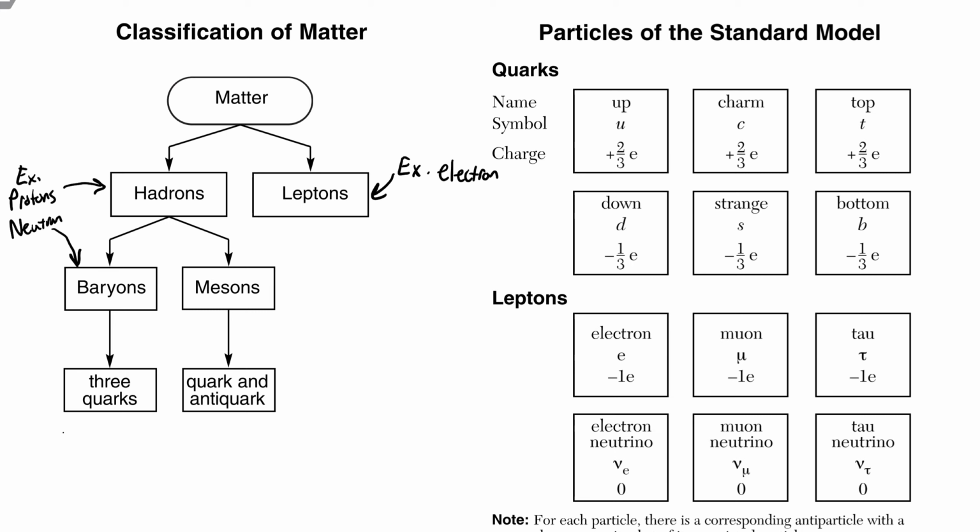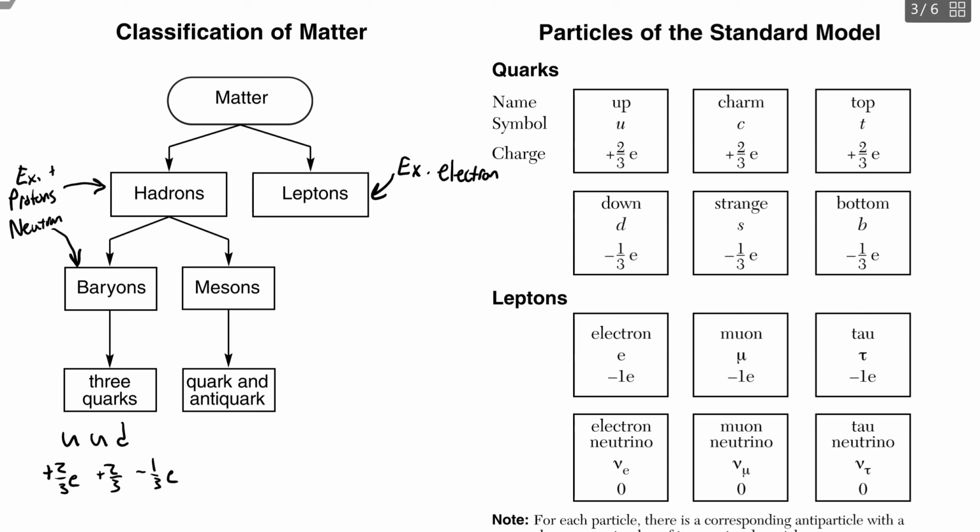So if you had an up, up, and a down quark, that means you would have positive 2/3 E plus positive 2/3 E, and then a down quark has a charge, these are the charges, of negative 1/3 E. So you have to do some addition. I'm trying to figure out if up, up, and down is going to be a proton or a neutron.